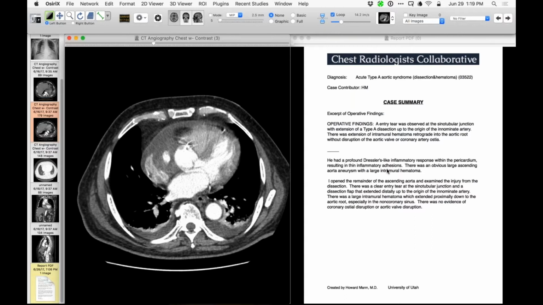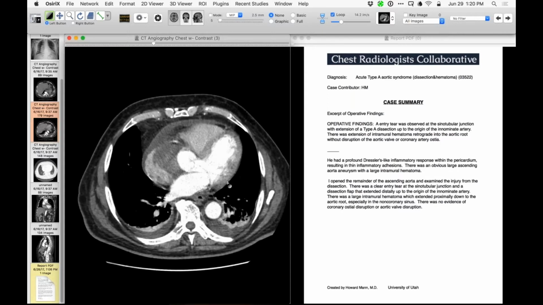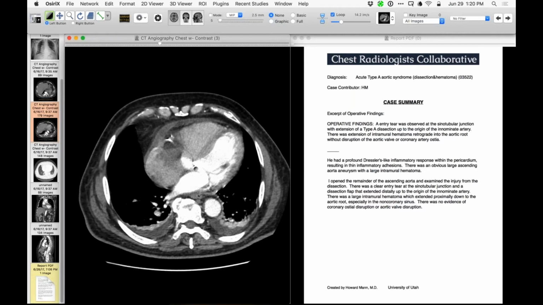A profound Dressler-like inflammatory response within the pericardium. Obvious large ascending aorta aneurysm with a large intramural hematoma. The intimal flap beginning at the sinotubular junction. Large intramural hematoma extending proximally down the aortic root, especially in the non-coronary sinus, which I presume is this portion down here in particular.